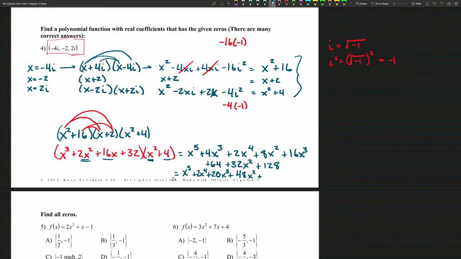And then 128 plus 64, 192. And that'd be our answer.